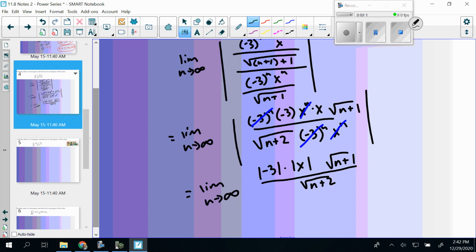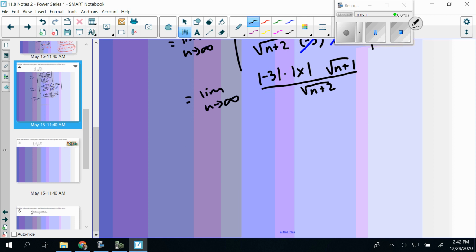So I'm going to put these together now, and we end up with the limit as n goes to infinity of 3 times the absolute value of x, and then I'm going to put these two square roots together, so it'd be the square root of n plus 1 over n plus 2.